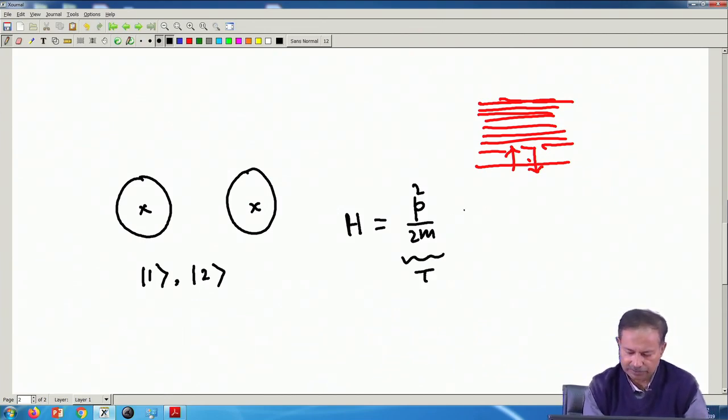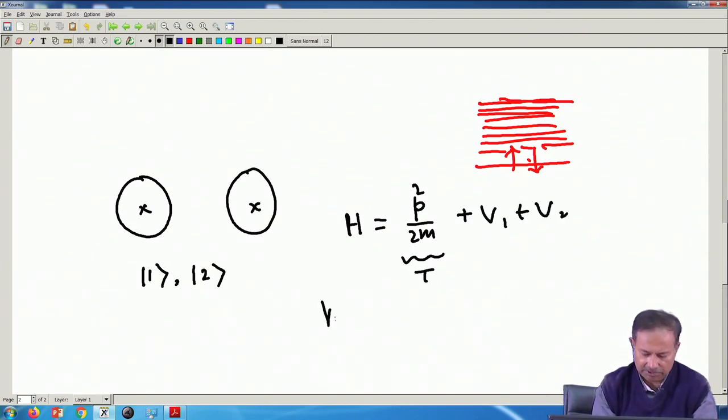Then of course, you have a term which is, let me call it, V 1 plus V 2, where V i is basically e square by modulus of r minus R i. So, what are these r's?